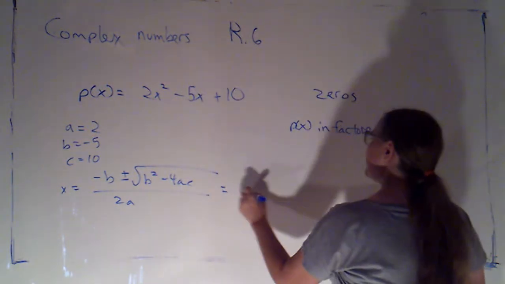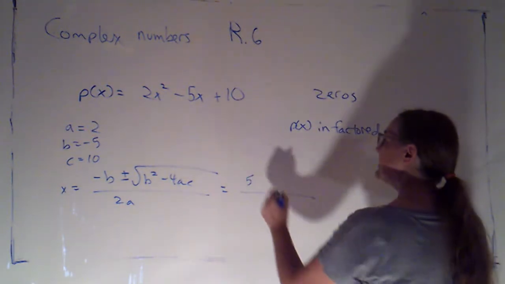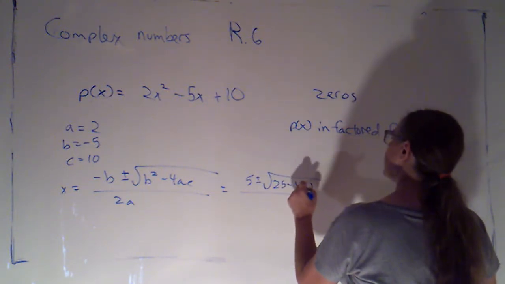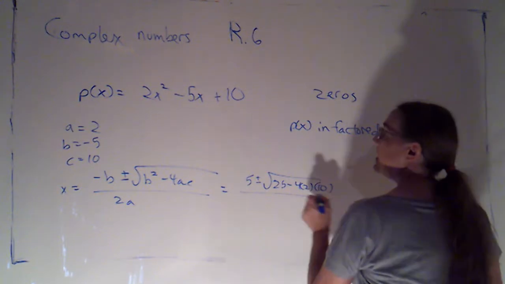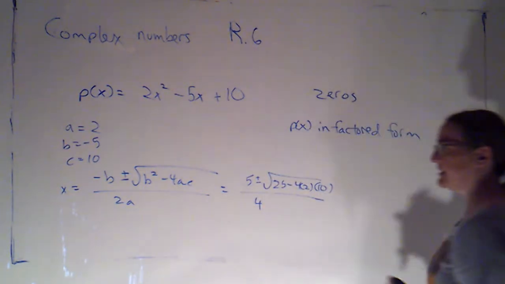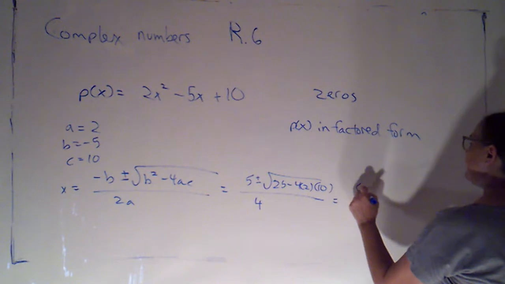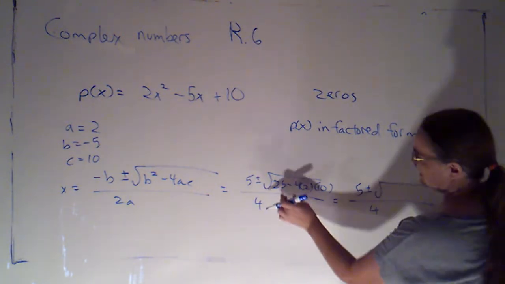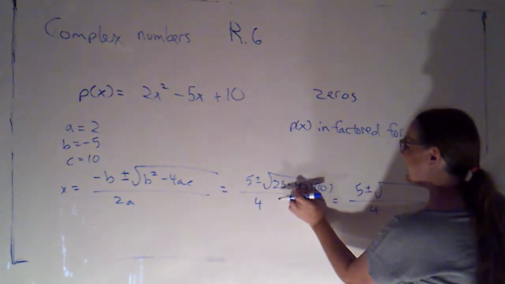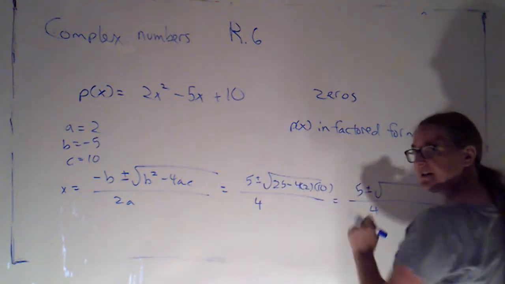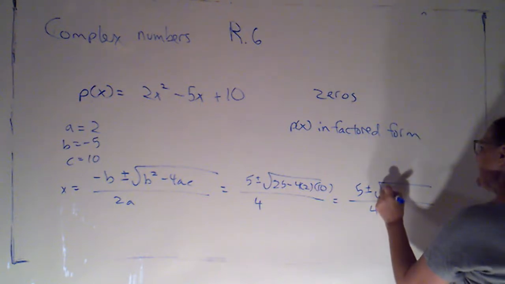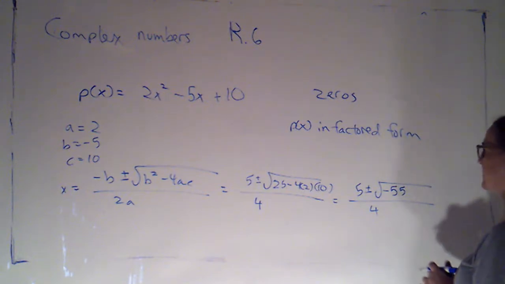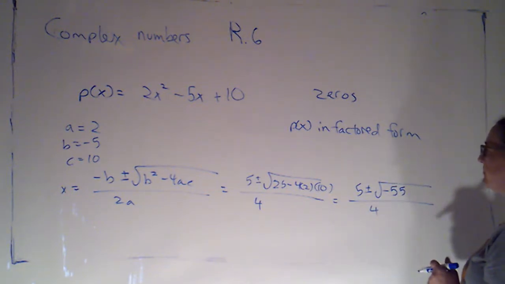So the opposite of -5 is 5, plus or minus the square root of 25 minus 4 times 2 times 10, all over 2 times a, which is 4. So that's 5 plus or minus the square root of 25 minus 8 times 10. That's 25 minus 80, which is -55, all over 4.